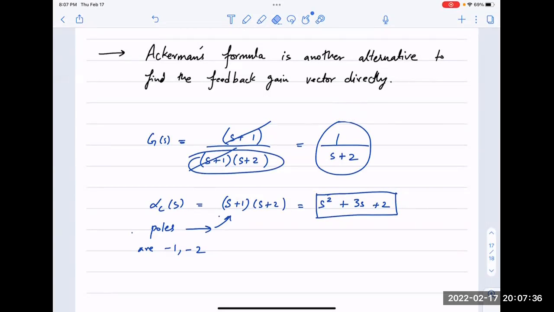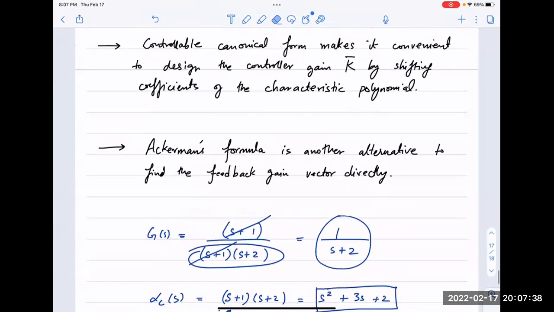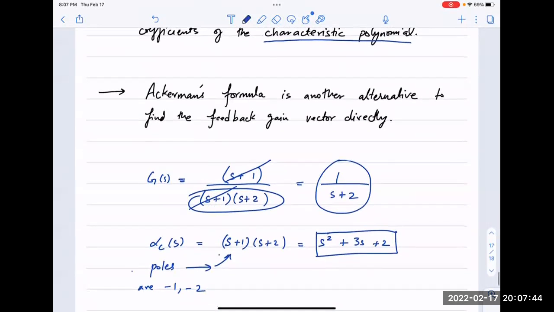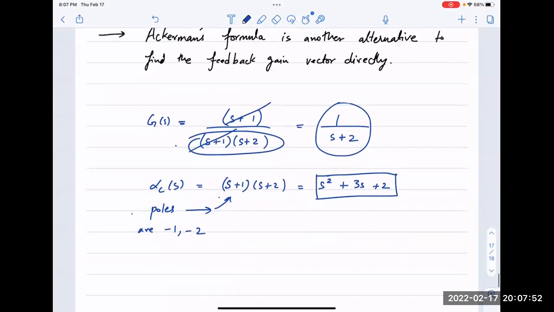So what I would say is we are always using the characteristic polynomial instead of the transfer function. As a fact, the denominator of the transfer function is the characteristic polynomial, but maybe a better definition is the determinant of sI minus A.